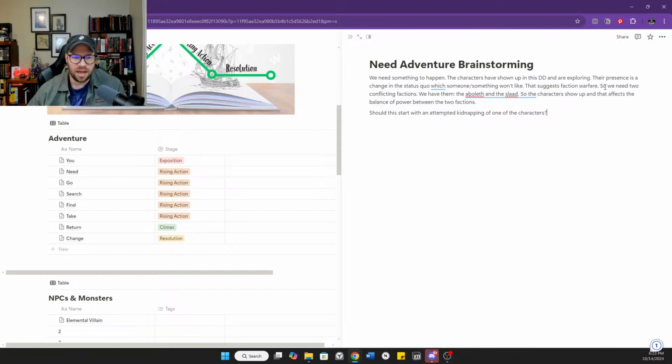And they need to escape. And as part of that escape, they learn about this artifact. They become aware of rumors of this artifact, which gives them something to hunt for and move towards.